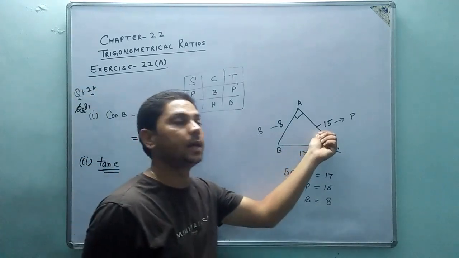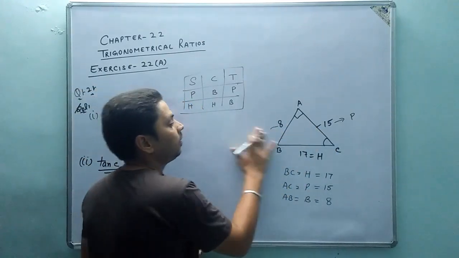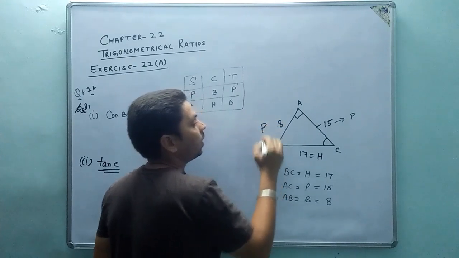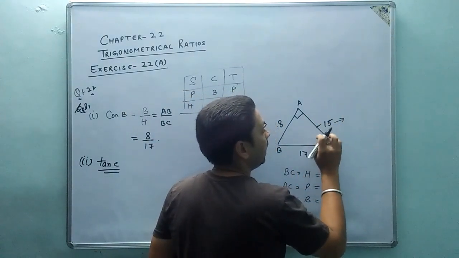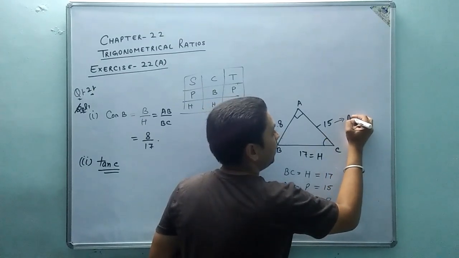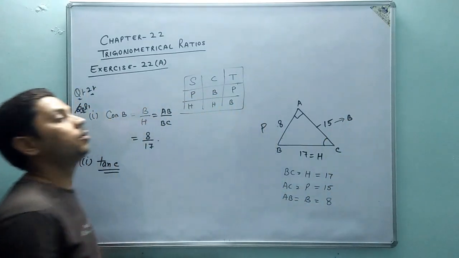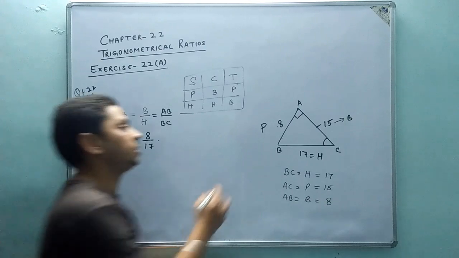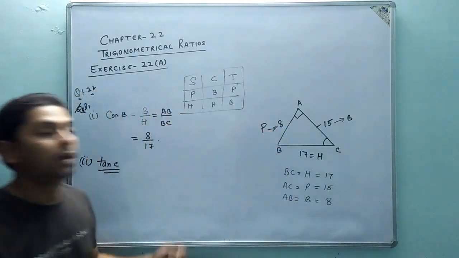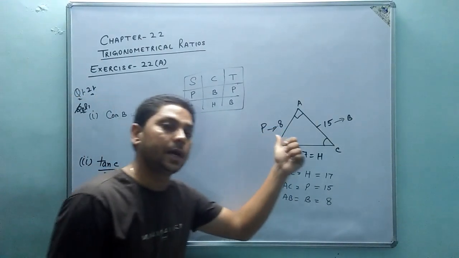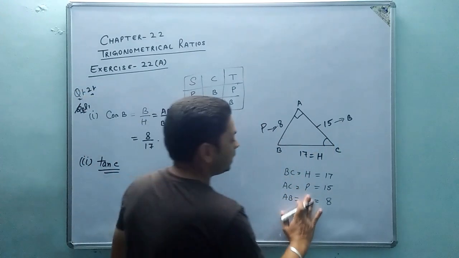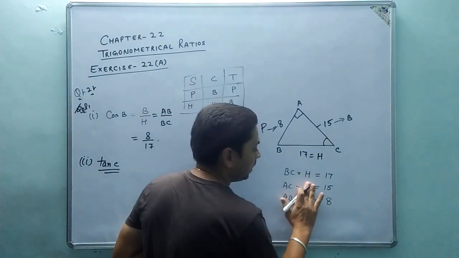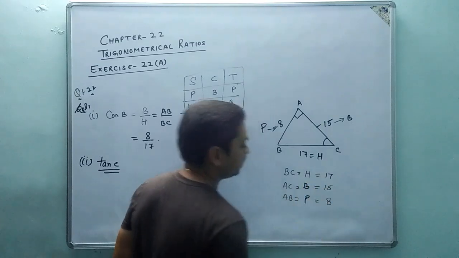If this is the base angle, the side opposite to it will change into the perpendicular, and the side adjacent to this angle will be your base. Now perpendicular and base are changed. It is the base angle which decides your perpendicular and base.